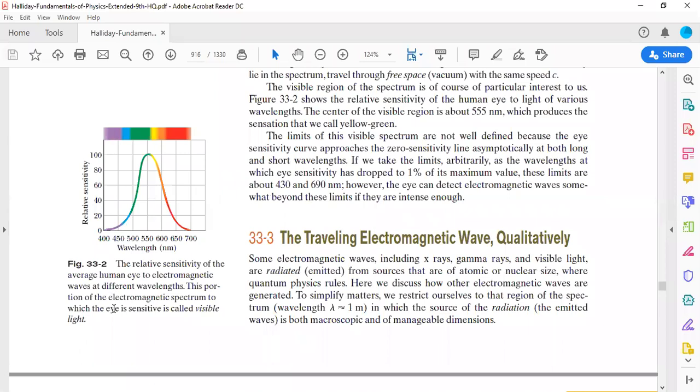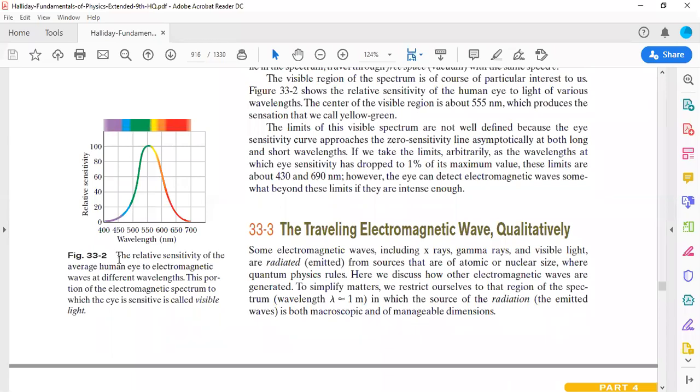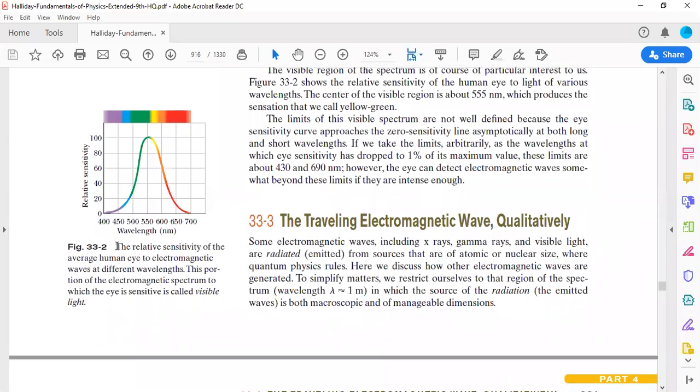First of all, before going to the trail, let's have a look at figure number 32.2. What it is describing is the relative sensitivity of the average human eye to the electromagnetic wave at different wavelengths. This is very important information. The human sensitivity lies somewhere around green wavelengths, green and then yellow, and then it decreases significantly.